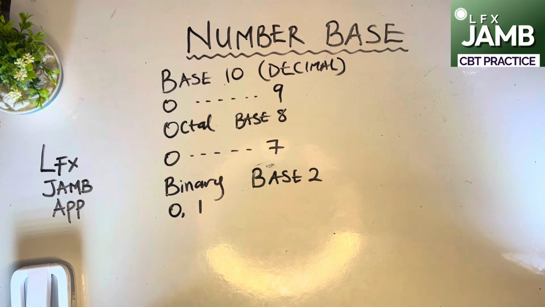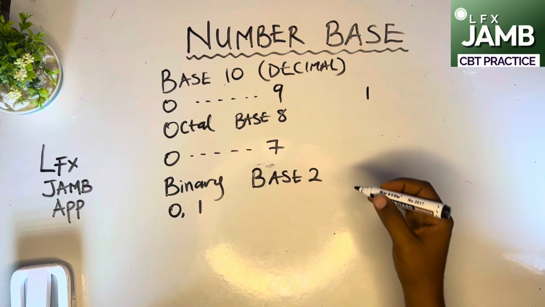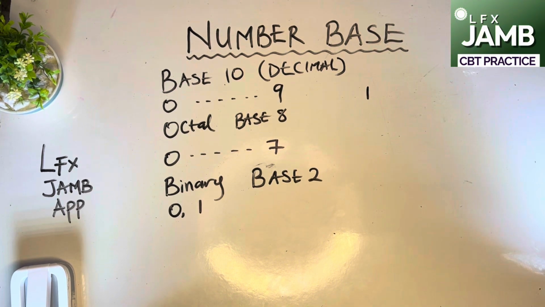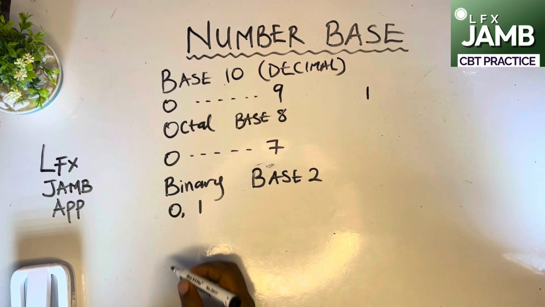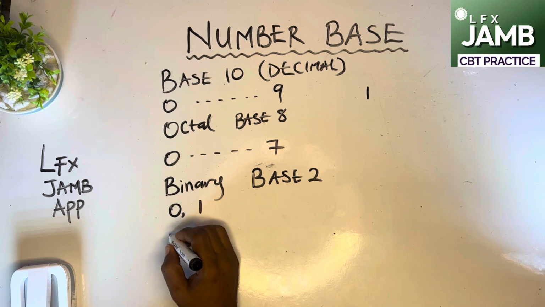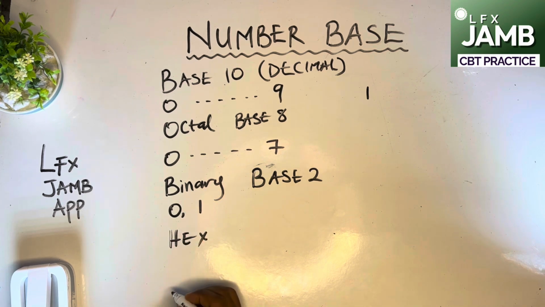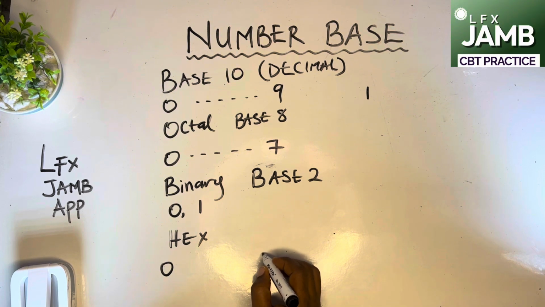We have base 9 numbers, base 7 numbers, base 6 numbers, base 5 numbers. We even have base 16 numbers. They are called hexadecimal numbers. Hexadecimal numbers range from 0 all the way to 9.